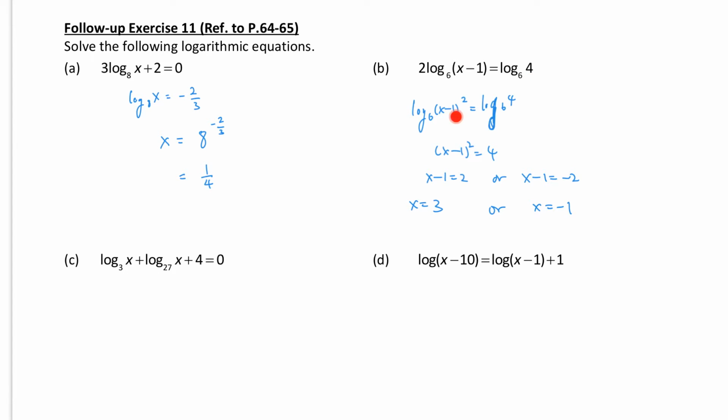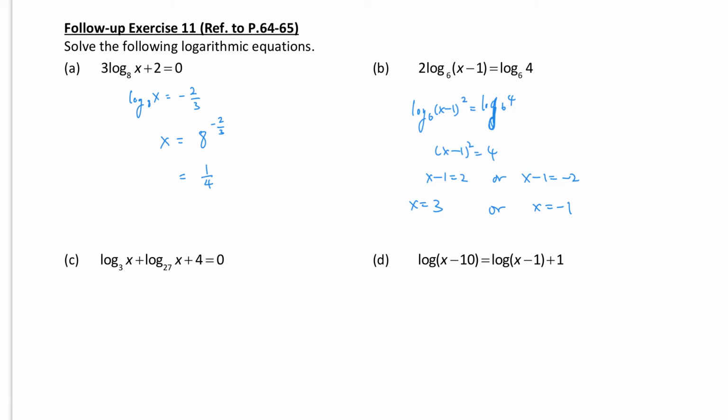So log x minus 1 squared with base x is equal to log 4 with base x. Remember, you need to move this square inside the logarithmic function first. And then you can use the concept that log A is equal to log B implies that A is equal to B.